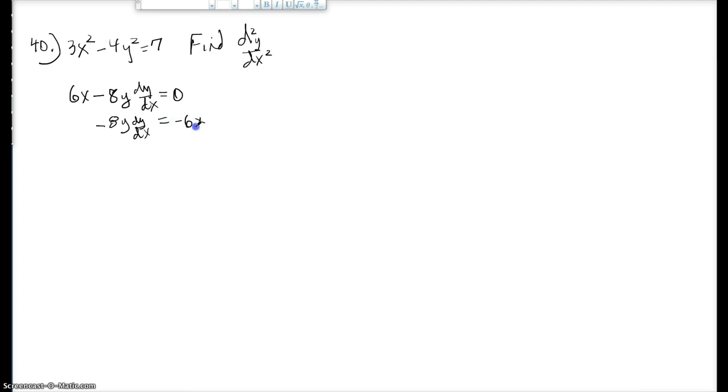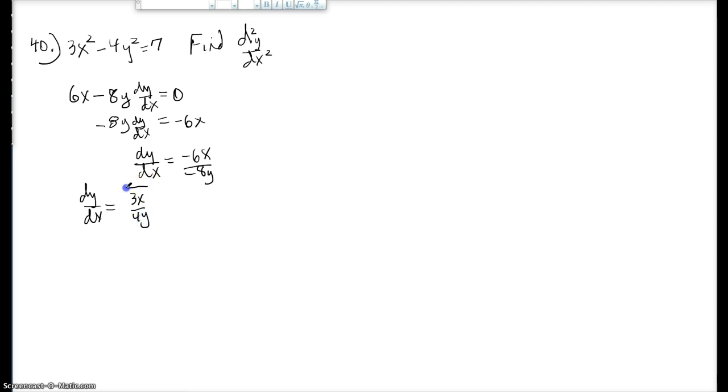Move the 6x over. Divide both sides by negative 8y. For our final result, dy/dx, the first derivative, equals positive 3x over 4y.